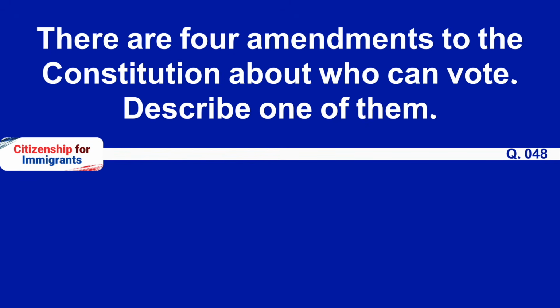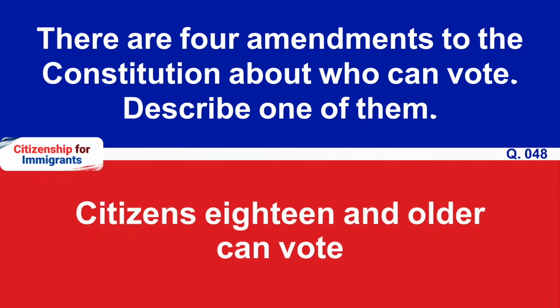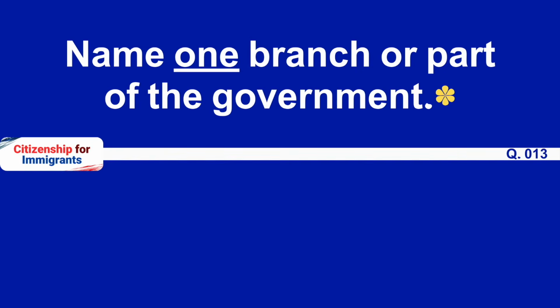There are 4 amendments to the Constitution about who can vote. Describe one of them. Citizens 18 and older can vote. Name one branch or part of the government.